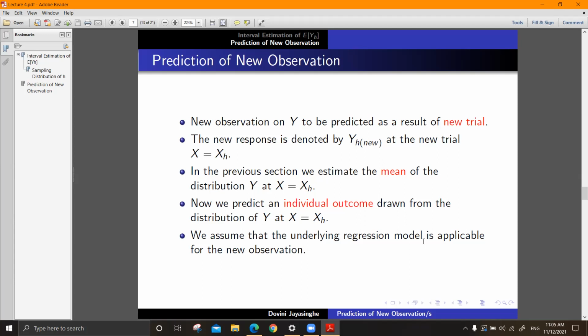Otherwise, we do not advise extrapolation. We don't know how the regression line fluctuates or changes beyond the given range of X. We discussed that before. Anyway, it's a new trial. The new response is denoted by Y h new, just a notation, so don't confuse yourself. These are just notations.